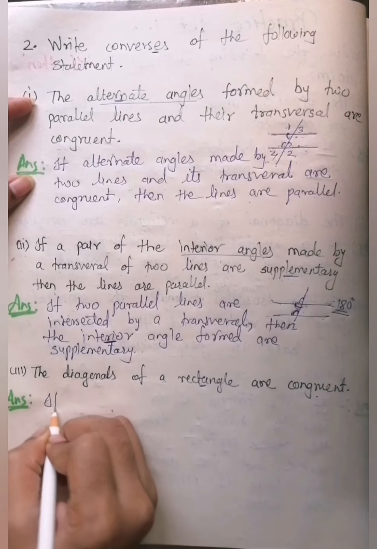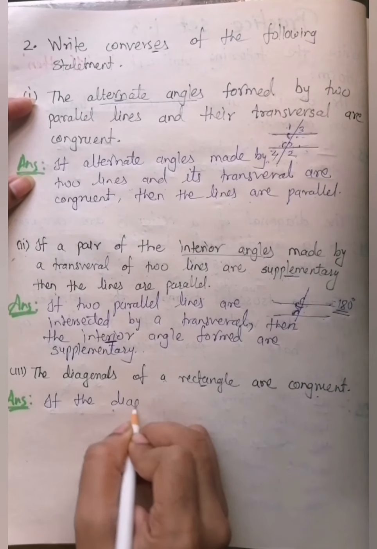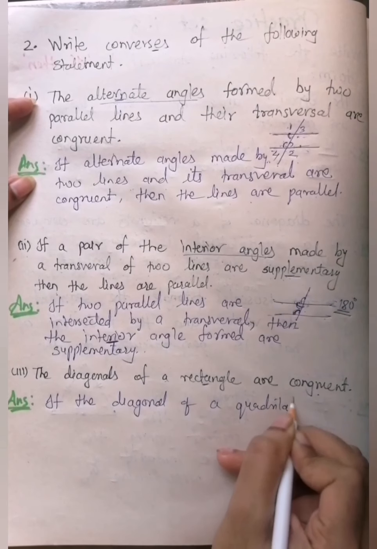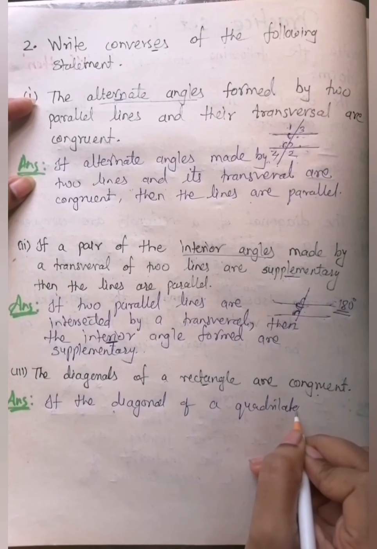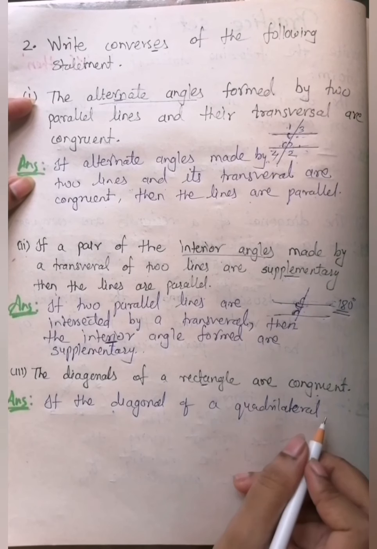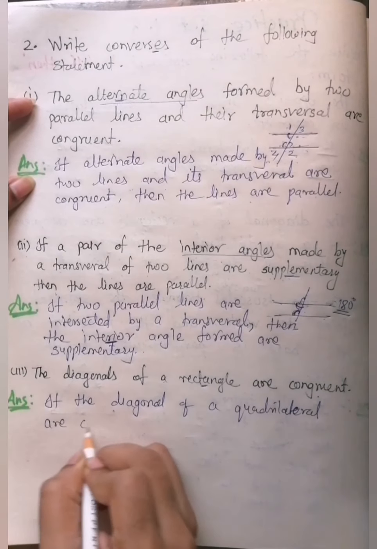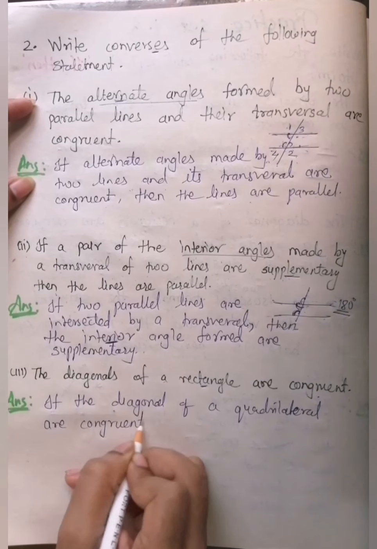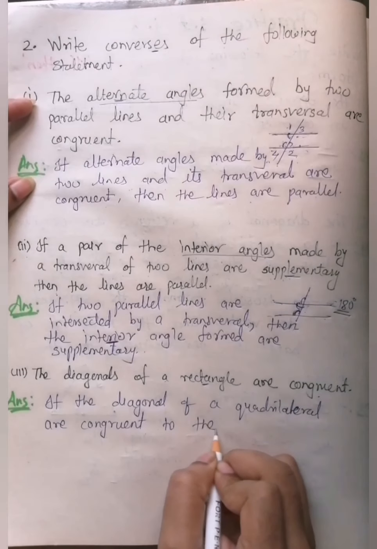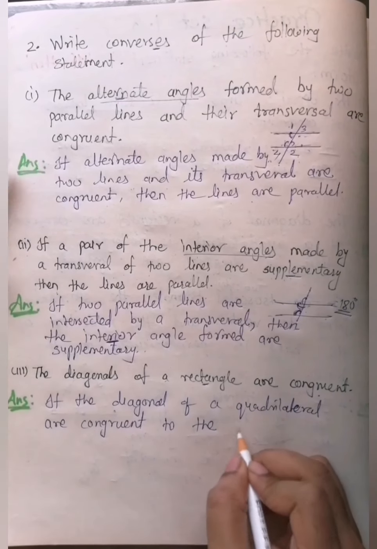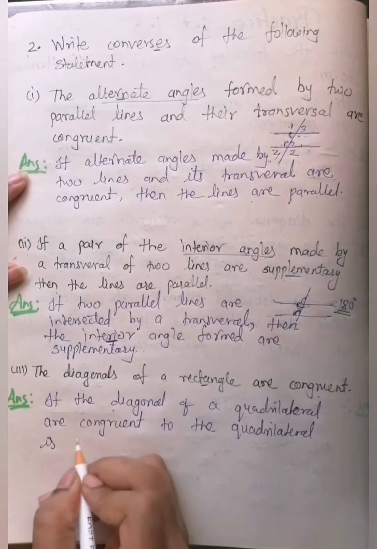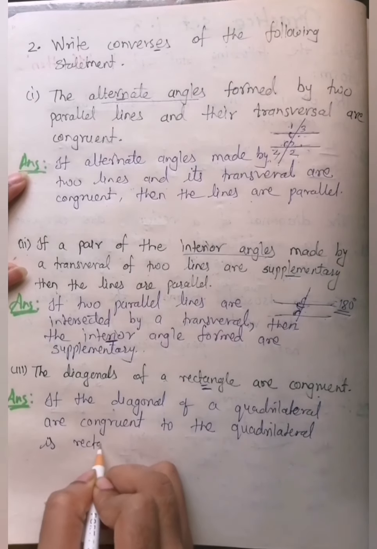So write down: if the diagonals of a quadrilateral are congruent, then the quadrilateral is a rectangle.